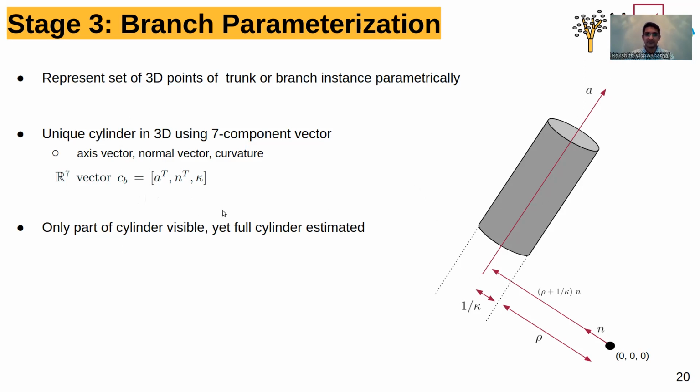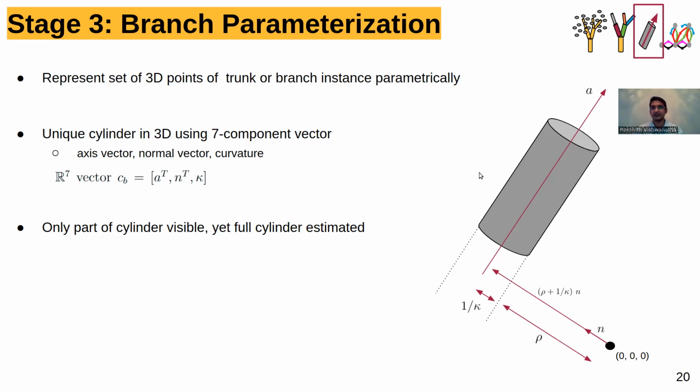So that accounts for 6 of the 7 components of the vector used to represent the cylinder. The other component comes from the radius of the cylinder, the inverse of which is the curvature. And so the curvature is added as the 7th component. Using these 7 components, a cylinder can be identified uniquely in space. So every single branch can be identified uniquely within the tree.